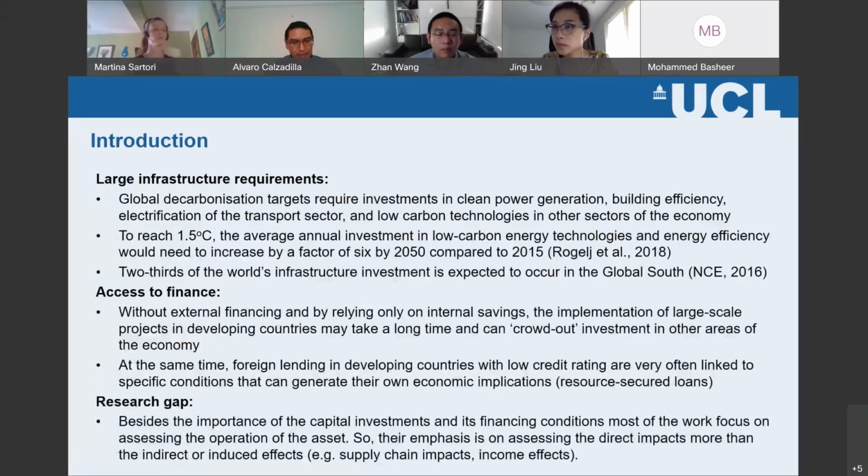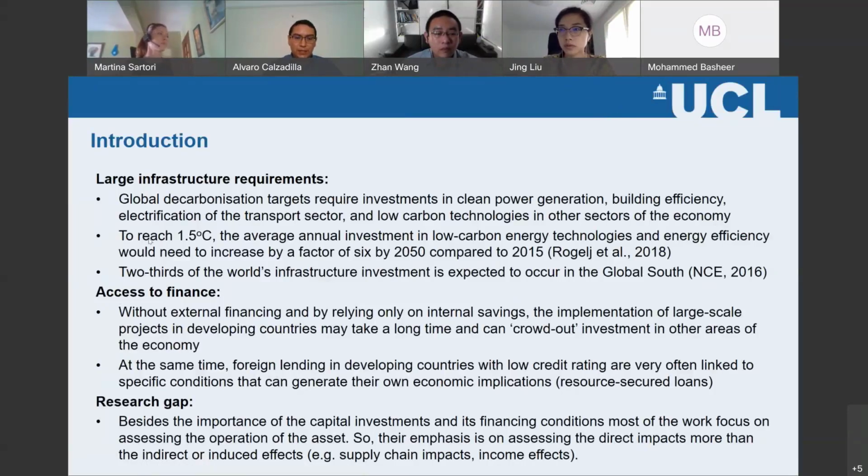So basically, the achievement of the global decarbonization targets requires a lot of investments in clean power generation, also in electrification of the transport sector and in low carbon technologies across all sectors in the economy.